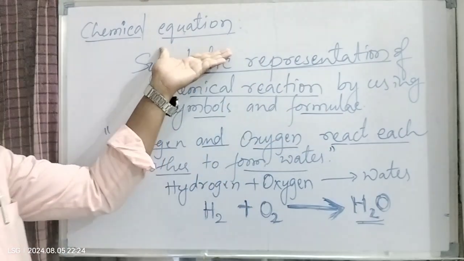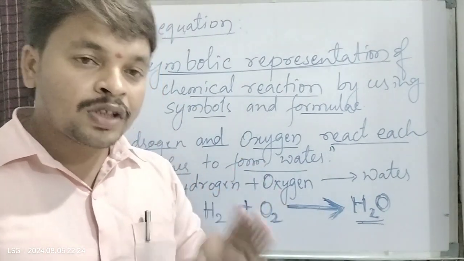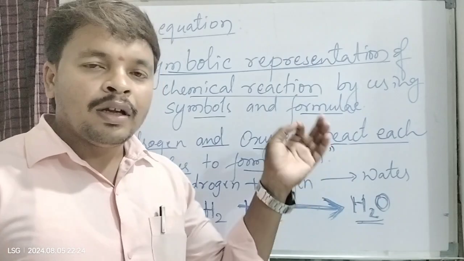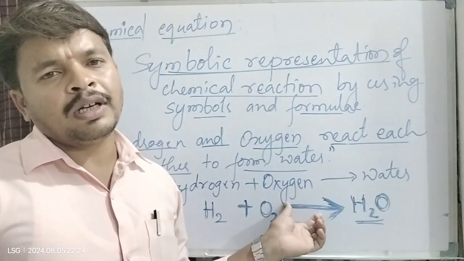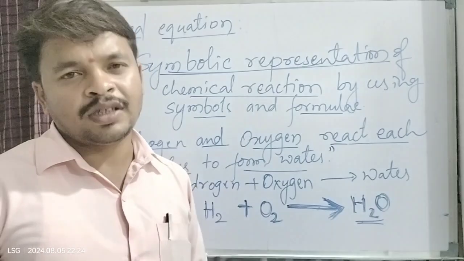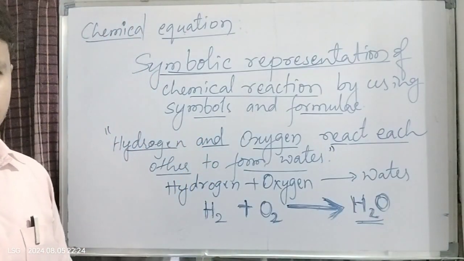While writing the chemical equation, we must follow some rules, because if you fail to follow the rules, as a science student, it is a big mistake. So what are the rules to be followed here?